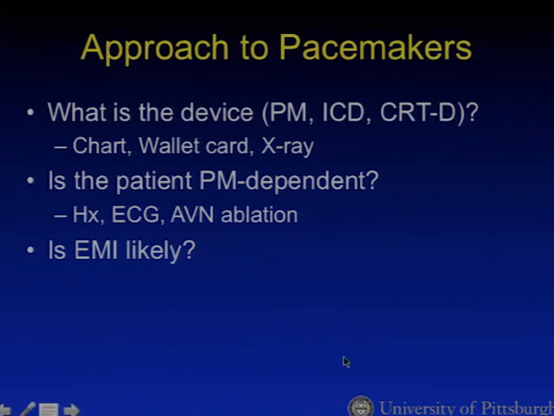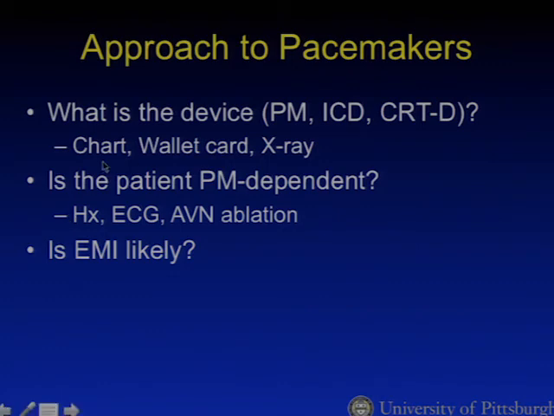So moving forward with the clinical approach, when you're presented with patients with these devices, first priority is to determine what exactly they have. Is it a pacemaker only? Is it an ICD, which often serves a dual role as a pacemaker, or is it a cardiac resynchronization therapy with defibrillation device, which is essentially a biventricular pacer with an ICD function?